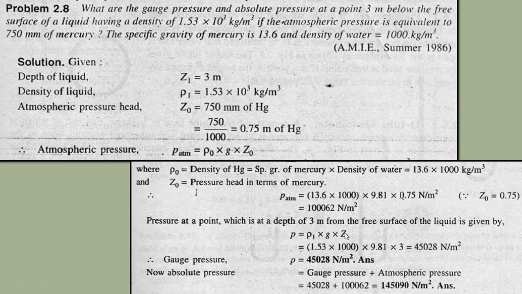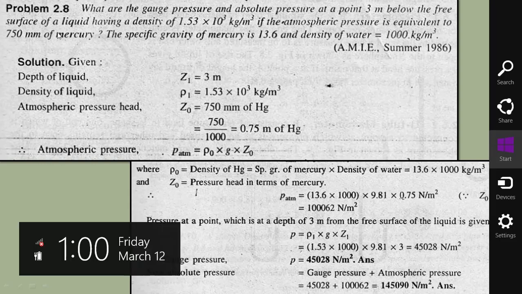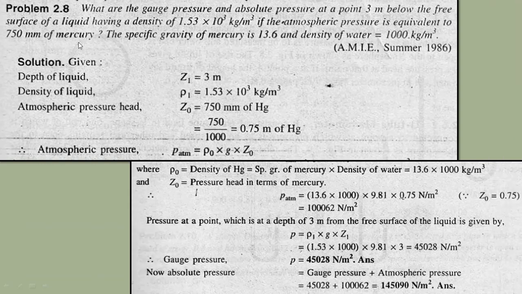Then, what are the gauge pressure and absolute pressure at 3 meter below the free surface of a liquid having a density of 1.53 into 10 raised to 3 kg per meter cube, if the atmospheric pressure is equivalent to 750 mm of mercury. The specific gravity of mercury is 13.6 and density of water is equal to 1000 kg per meter cube.